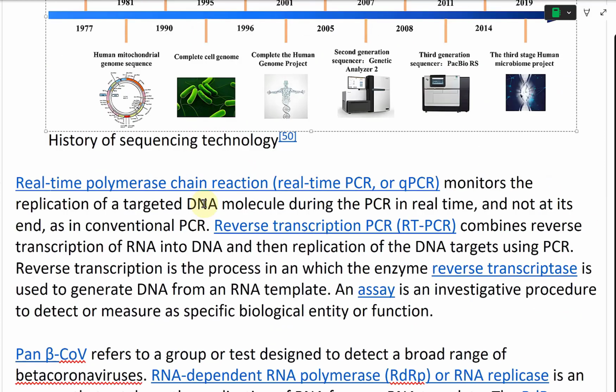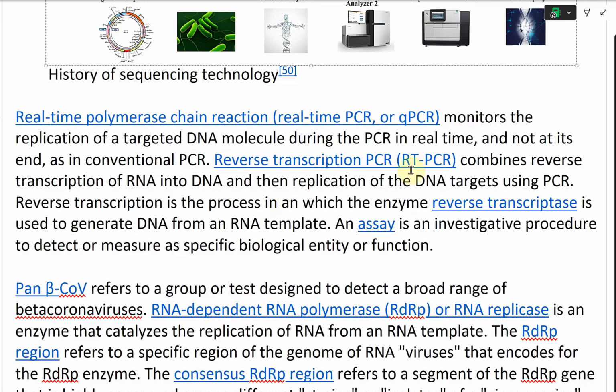So real-time polymerase chain reaction, or real-time PCR or qPCR, monitors the replication of a targeted DNA molecule during the PCR in real time and not at its end as in conventional PCR. And reverse transcription PCR or RT-PCR combines the reverse transcription of RNA into DNA, and then it replicates the DNA targets using PCR, which is, again, split the strands, and then you would then replicate and split and replicate.